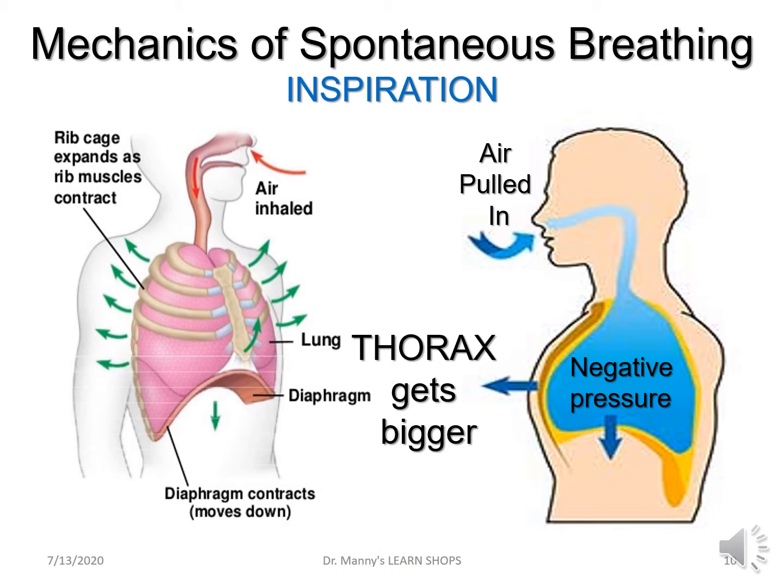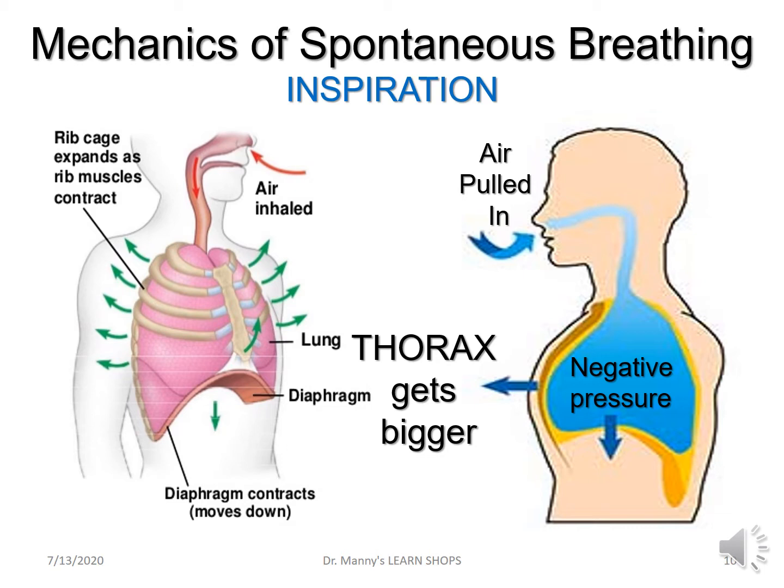How does that happen? Well, the rib cage expands, the intercostal muscles contract, the diaphragm moves down, and essentially this makes the chest bigger, the thorax gets bigger.